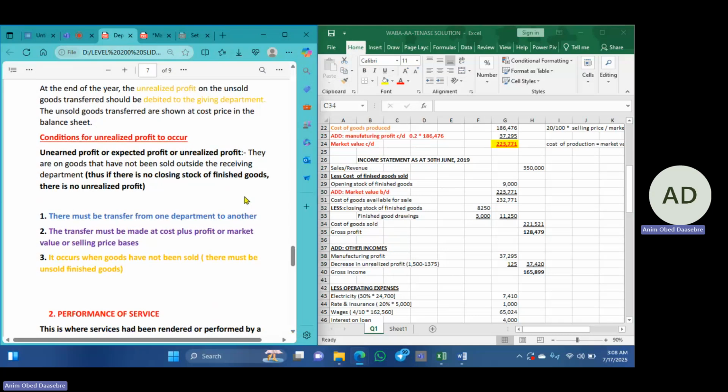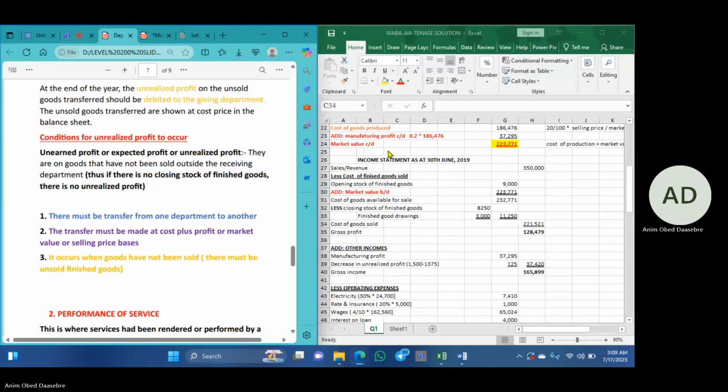Because the market value you are transferring is the selling price of the final product that you are transferring to the sales department for them to sell. So the final product, each of them has a portion of profits. So any one of them that you sell, you are going to get some profit on it.